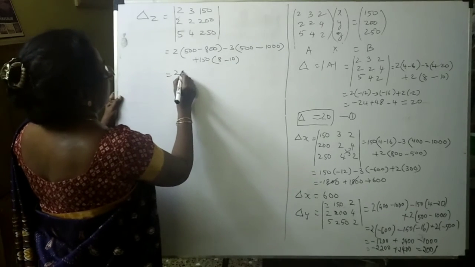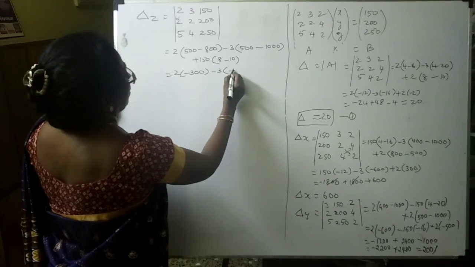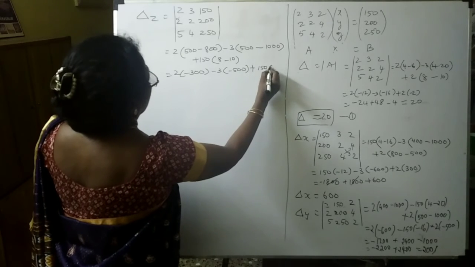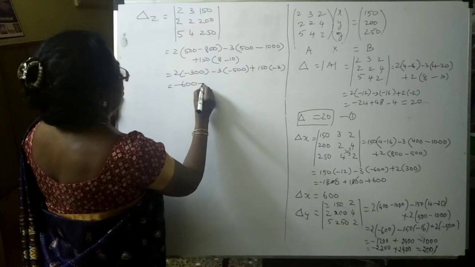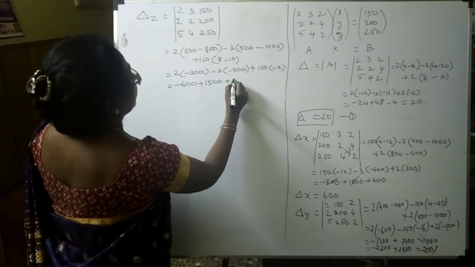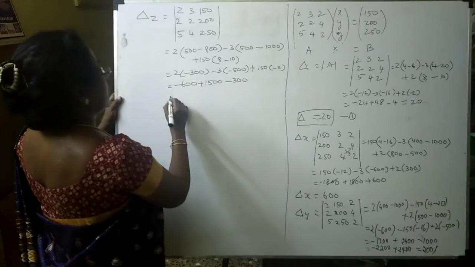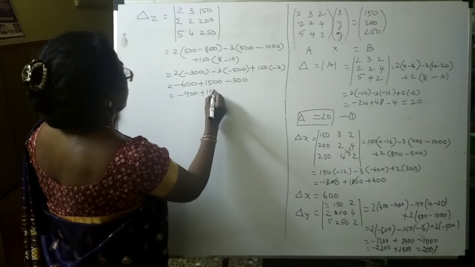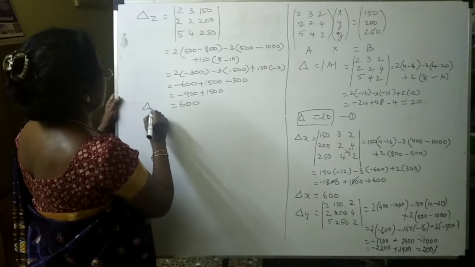So this is 2 into minus 300, minus 3 into minus 500, plus 150 into minus 6. So it is minus 600 plus 1500 minus 900. This gives you 600. This is your delta z value.